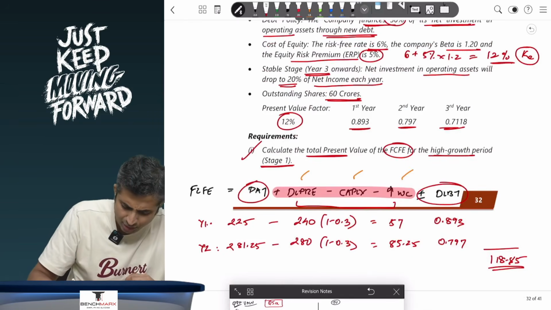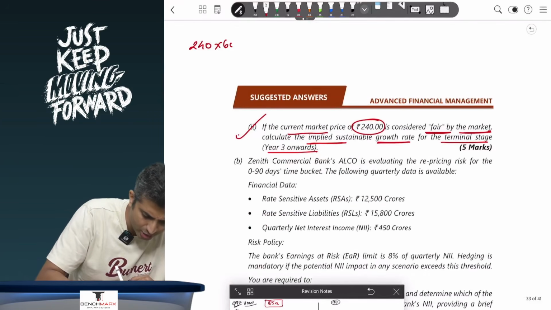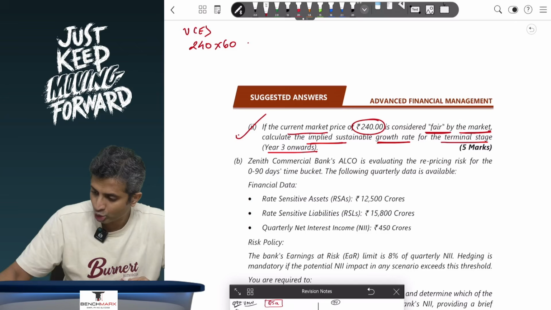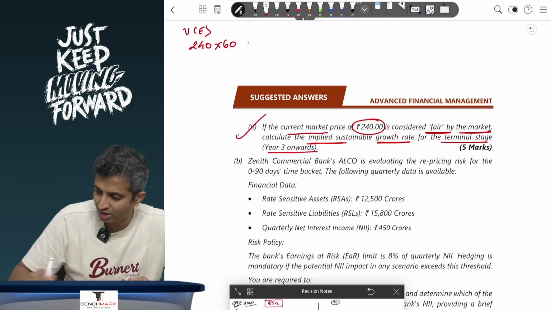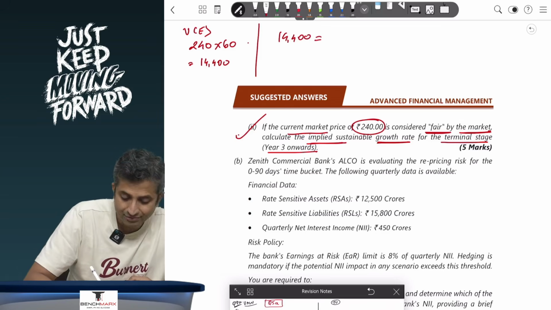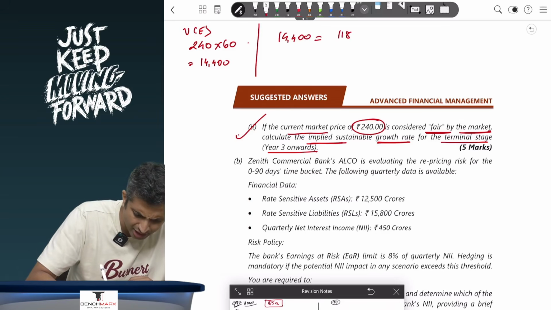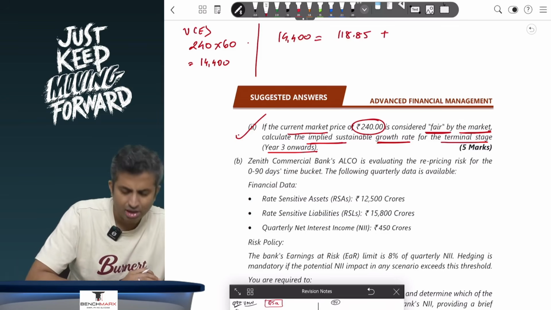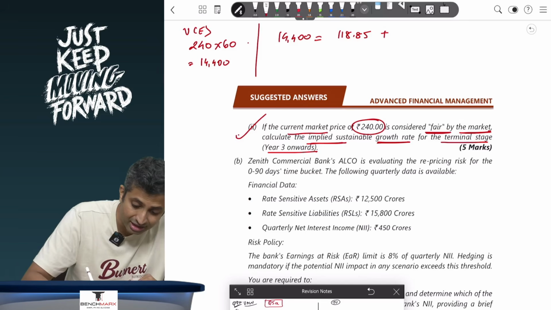If I want to find a value for all the equities, so this is 240 into 60 will come to probably value of equity. 240 into 60 will come to around 14,400. Now I would say that 14,400 is nothing but the present value of the future cash flows. Well, that is 118.85 in the high growth phase, and then in the stable growth phase.